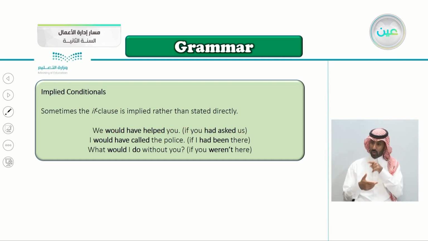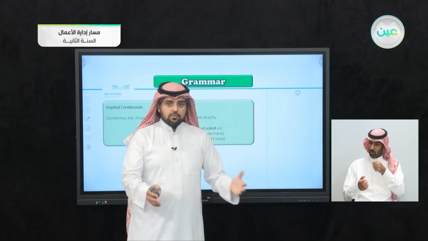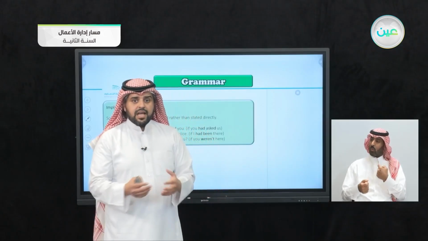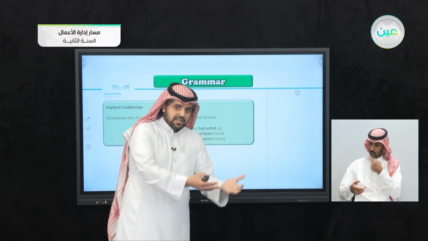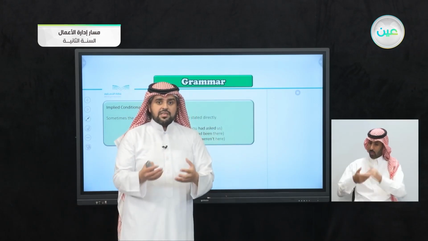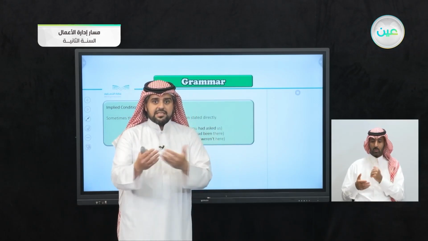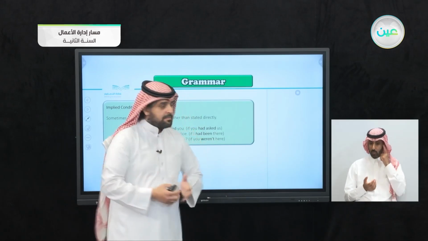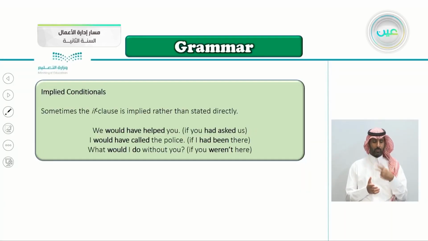Maybe your friends walked in your room and they saw you cleaning the room. They said, we would have helped you. They don't have to say, if you asked us, we would have helped you, because it is implied here. It is mutual understanding. Number 2, I would have called the police if I had been there.